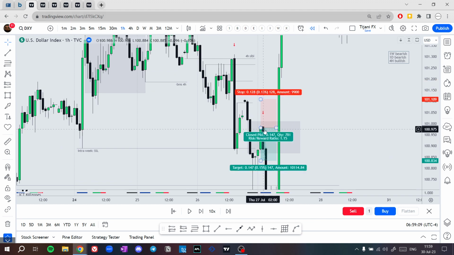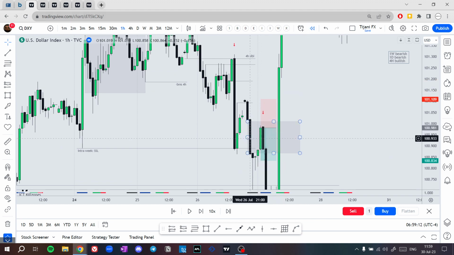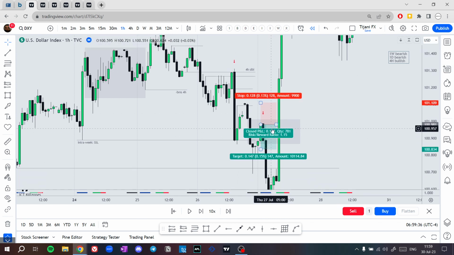It doesn't mean that the trade was wrong. It's just that the outcome was random. From a trade by trade perspective, we know all the outcomes are random. But from a series of trades perspective, we're going to be profitable in the long run because we take only the higher probability setups.